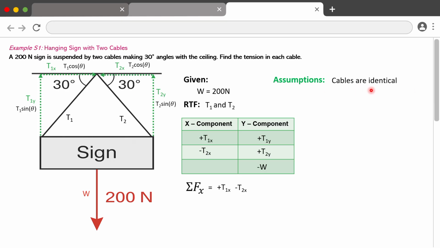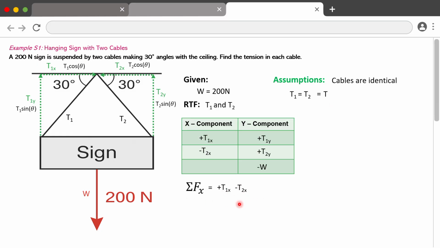So if the cables are identical, then we can assume that the tension forces T1 and T2 are equal. If they're equal, then let's just use one variable to represent them both. Let's denote that as simply T. So this assumption allows us to equate the tension force T1 and the tension force T2 into just one variable.